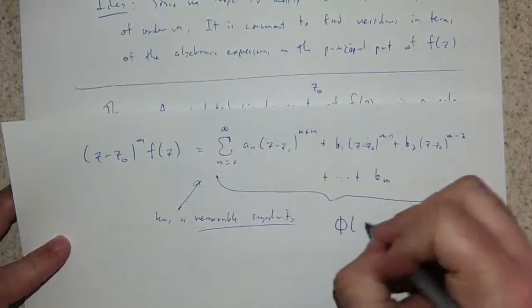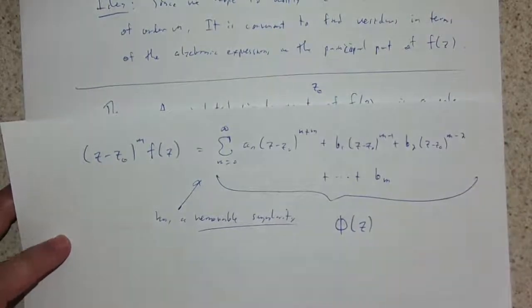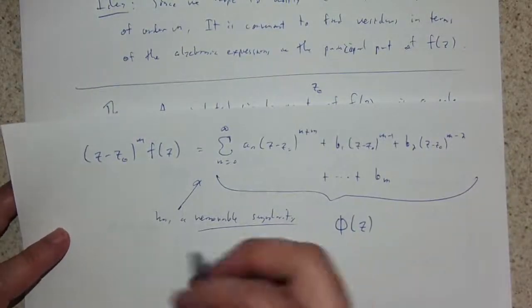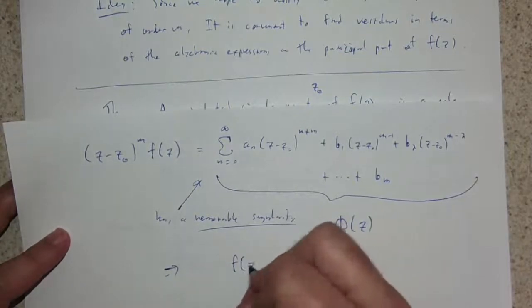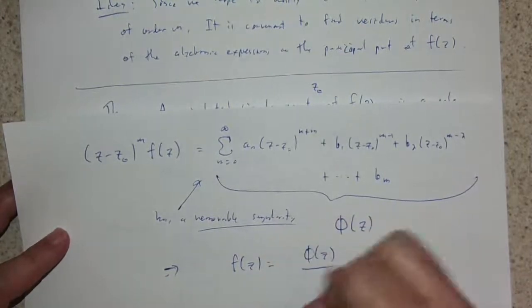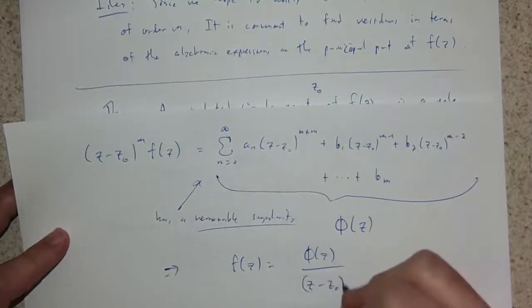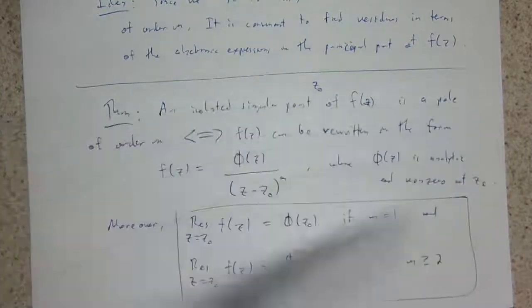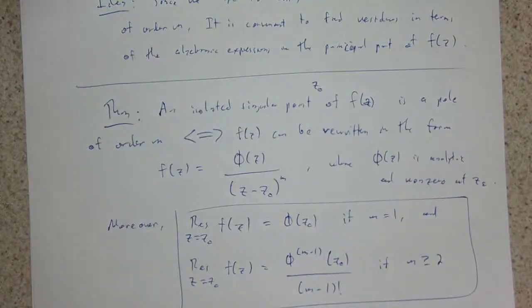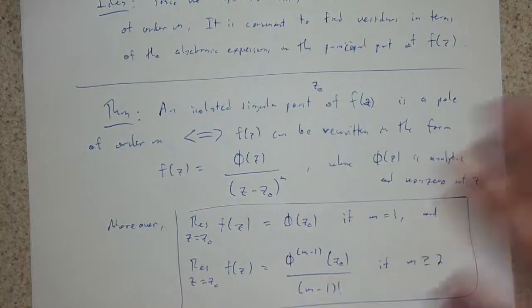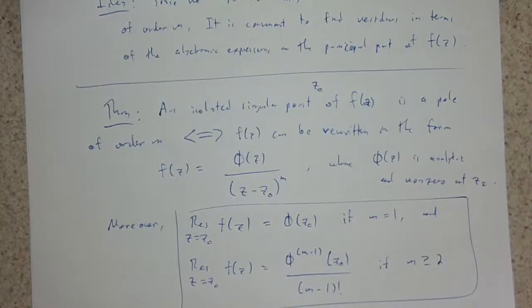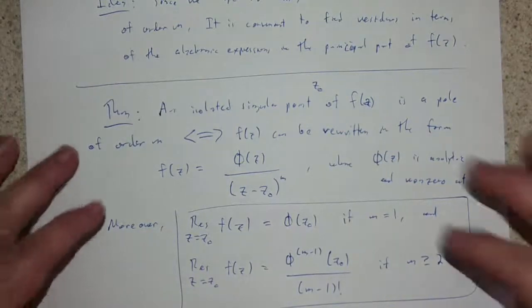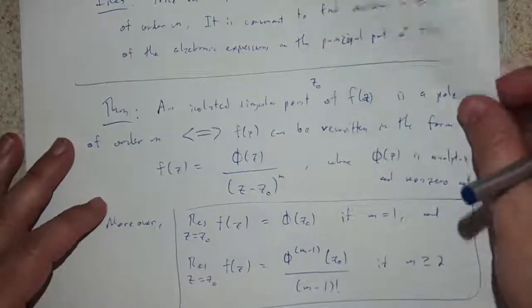This is phi of z, which of course means that f of z is phi of z over z minus z naught to the m. So this actually serves as the proof for this theorem. There are a few more details to fill in, but I'm not going to bother with that. So how can I actually use this to compute residues for some functions? Let's see how useful this is.